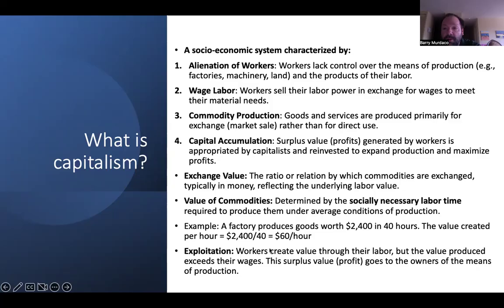Now, of course, critically, there's the exploitation of workers in a capitalist system as well. Workers create value through their labor. Labor is the commodity which creates new value, or actually labor power, as he calls it. What Marx argues critically is that the value that workers produce through their labor exceeds what they get back in their wages.